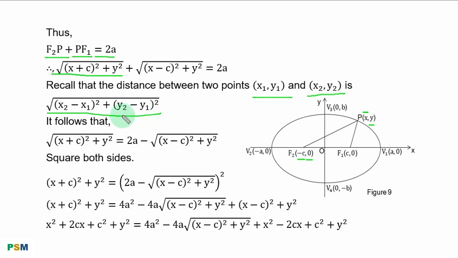If you replace them in this formula, you have this part. Then considering P and F1, if you replace them also, you have this other part equal to 2a.